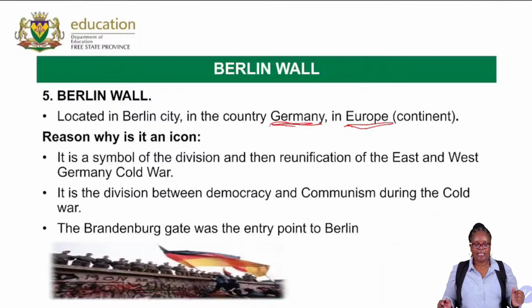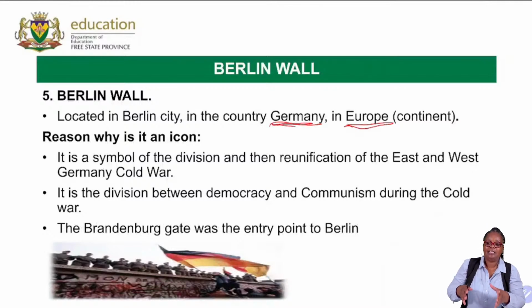Number 1, it's a symbol of the division and then reunification of the East and the West Germany during the Cold War. Germany was divided during the Cold War and then reunited. So this is a symbol.